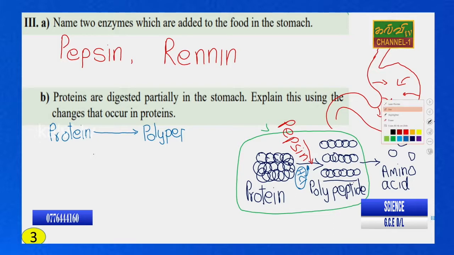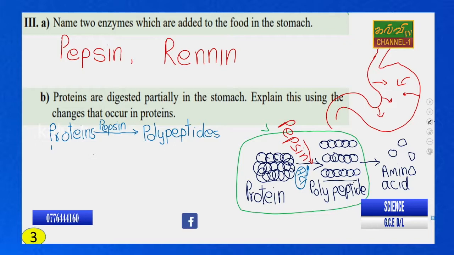Polypeptides, right? So by the help of pepsin enzymes, right?